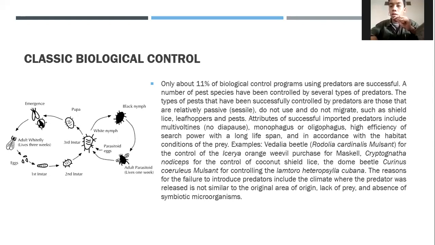Examples: the Vedalia beetle for the control of the cottony cushion scale on orange, Cryptognatha nodiceps for the control of coconut shield lice, the dome beetle Curinus coeruleus Mulsant for controlling the Lamtoro psyllid Heteropsylla cubana. Reasons for the failure to introduce predators include the climate where the predator was released is not similar to the original area of origin, lack of prey, and absence of symbiotic microorganisms.